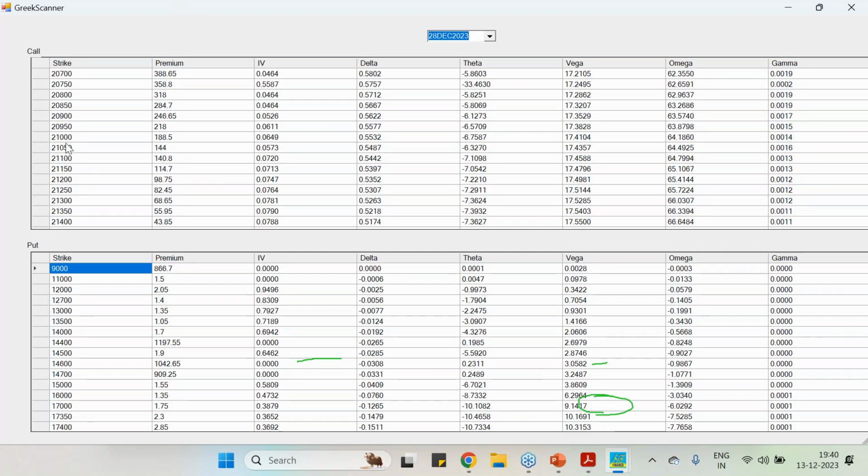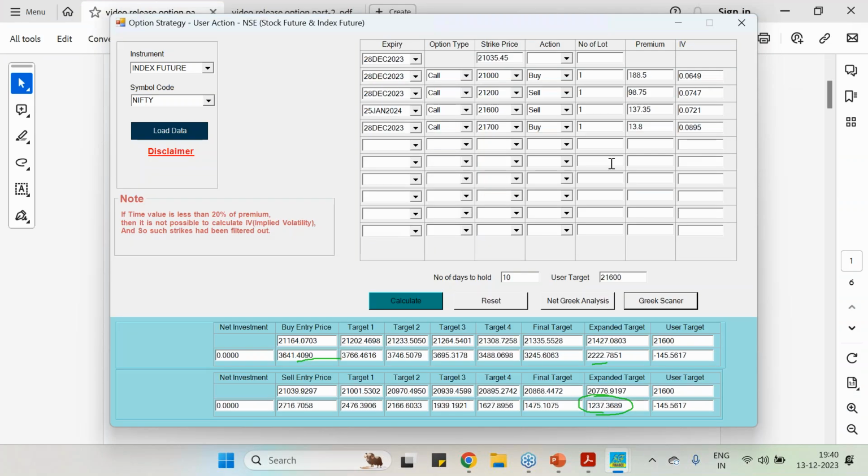the 21,000 call option purchase. See the theta, the 21,000 call option purchase has a 6 rupees theta, December. And the 21,200 call option here has 7 rupees theta. So we have neutralized. The same with January also. We have neutralized, as I told you, by the process of accepting these 4 rules.